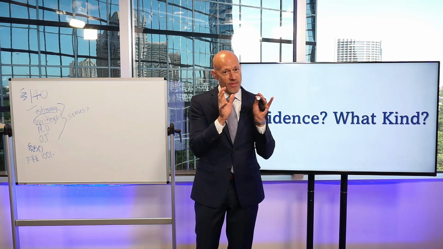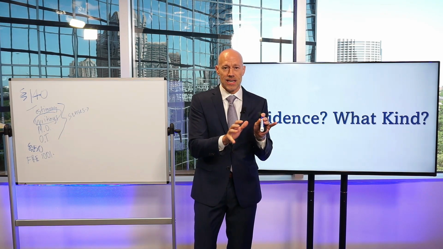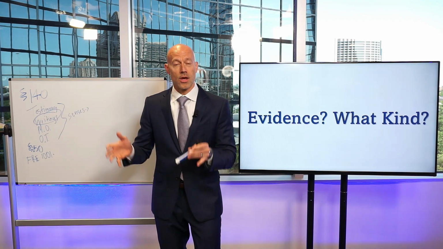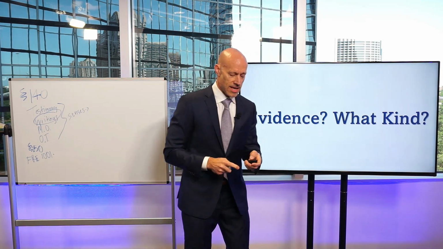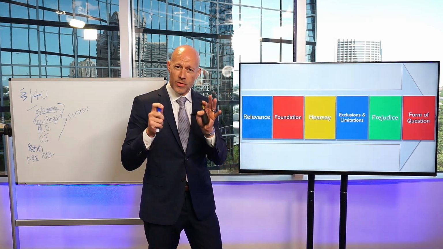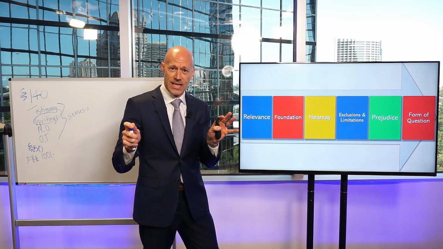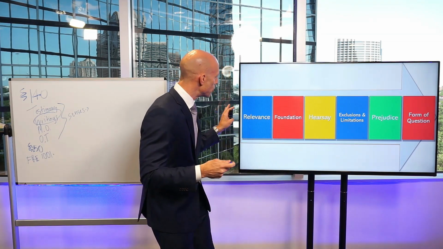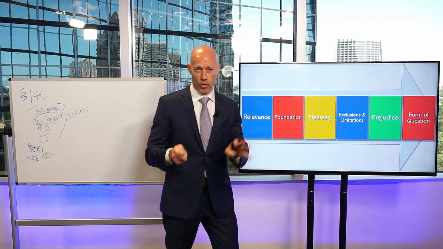Because the type of evidence dictates the type of rules we must follow when it comes to authentication. So, do we now get to authentication? Not yet. And the reason why is because whenever we encounter any social media evidence, or really any evidentiary question, we want to address it in a hierarchy of order.